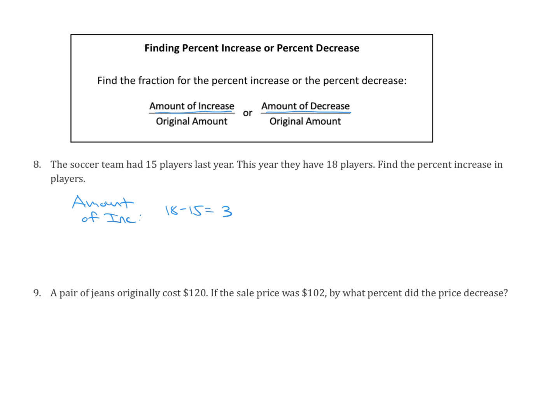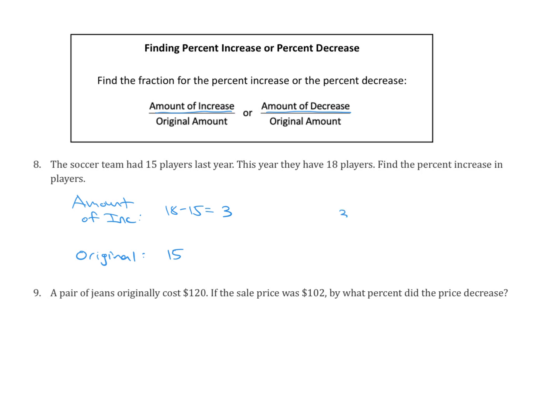Then I take that amount of increase over the original amount. And the original amount is what it started at in the previous year before it increased. In some problems it's before the increase, in other problems it'll be before the decrease. But in this case, it's a percent increase problem, so my lower number, 15, was the original amount.